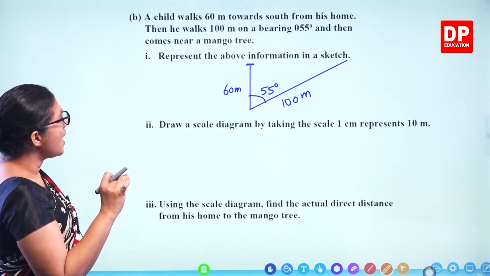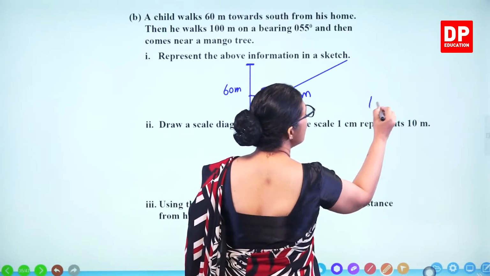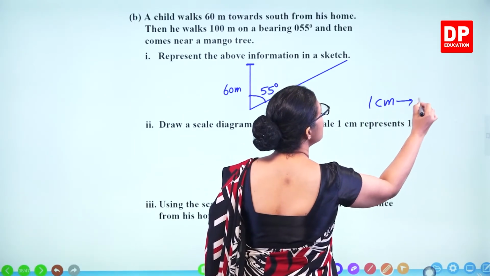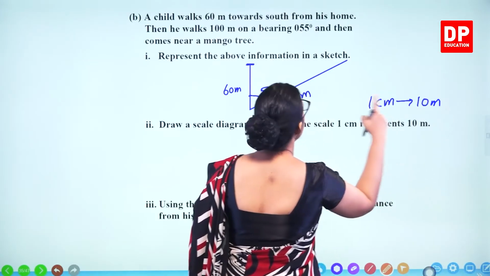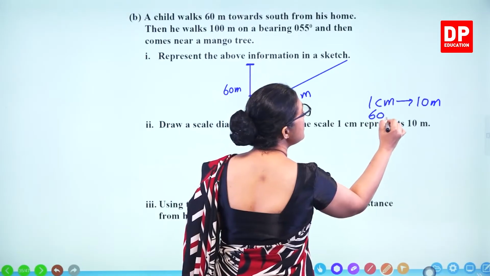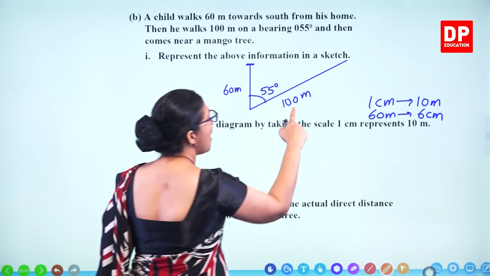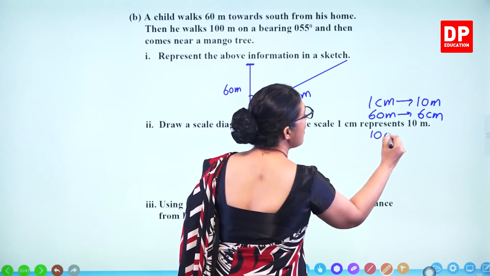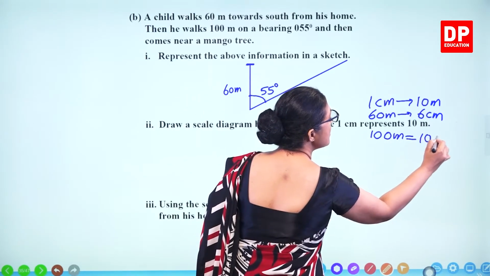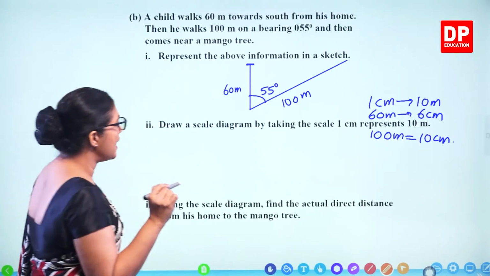Draw a scale diagram by taking the scale 1 centimeter represents 10 meters. So, that means 60 meters, divide by 10, you get 6 centimeters length, and 100 meters, divide by 10, you get 10 centimeters. So, we need 10 centimeter length and 6 centimeter length.